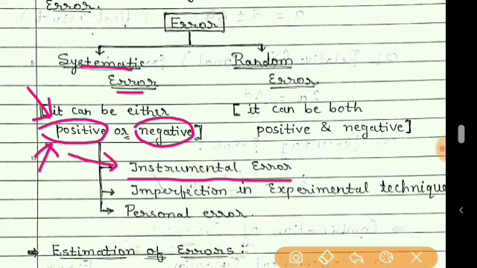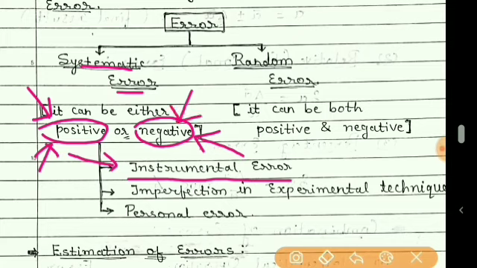And if I take another defective instrument, it shows the negative error for one particular object, and the same instrument will show the same type of negative error for another object.